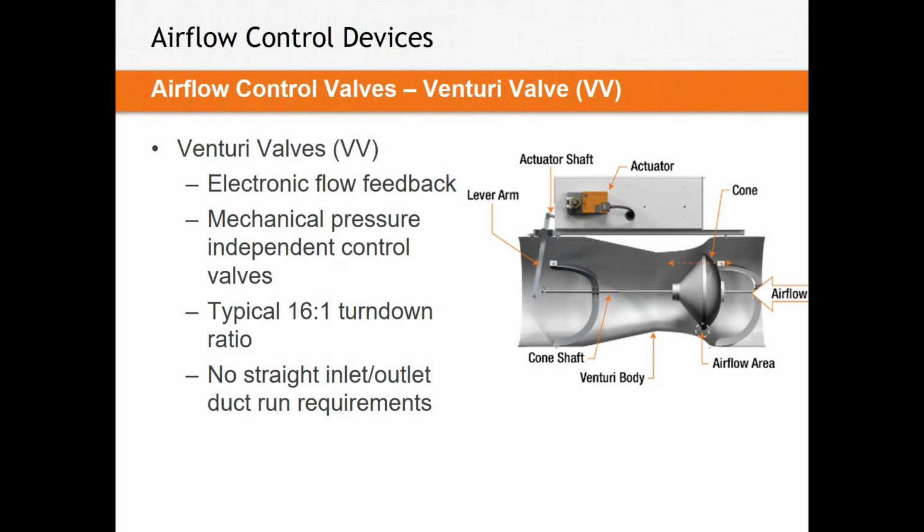What a Venturi valve relies on is that it knows the position of that internal assembly and can relate that to airflow. Now, this can only take place in a Venturi valve at a certain pressure range. So when you're looking at Venturi valves, there's often two ranges of pressure available, low pressure and medium pressure.